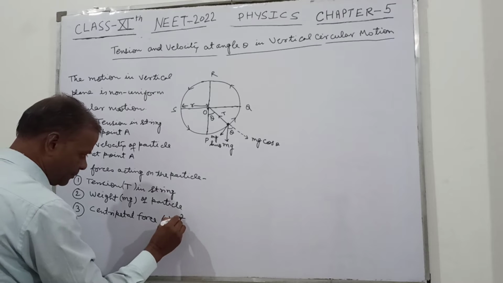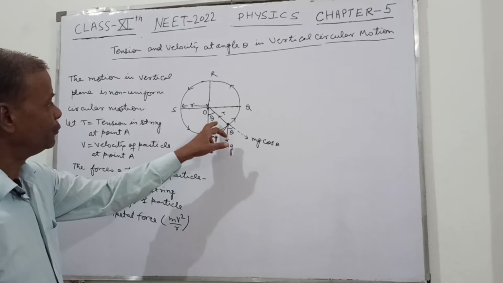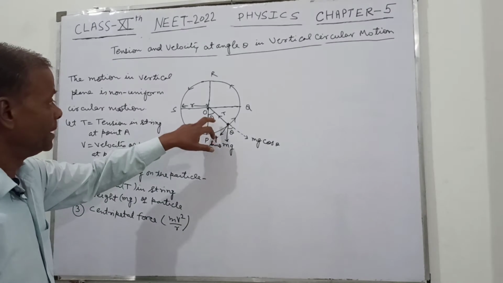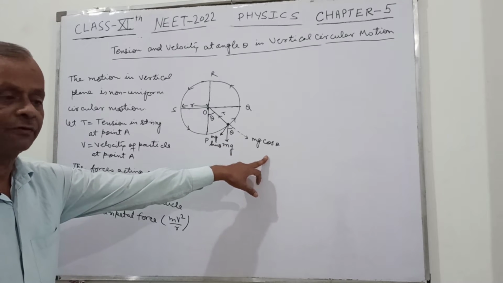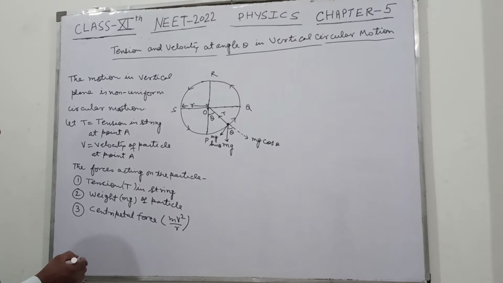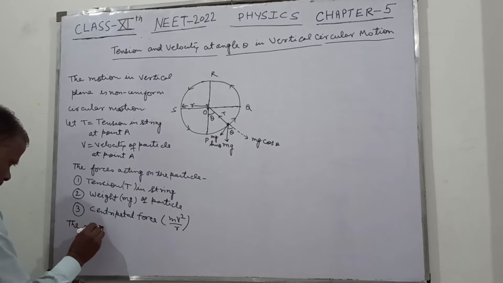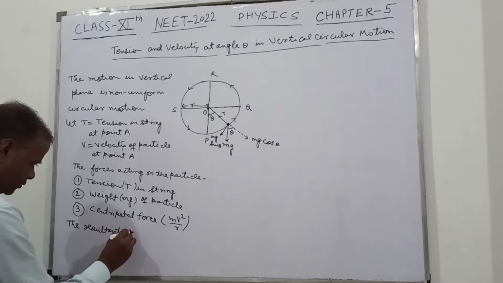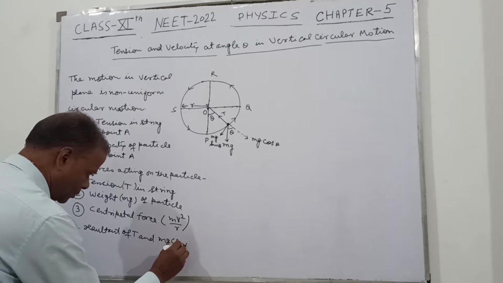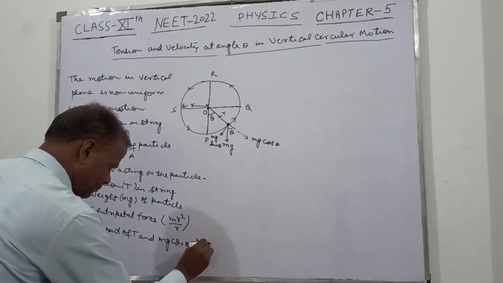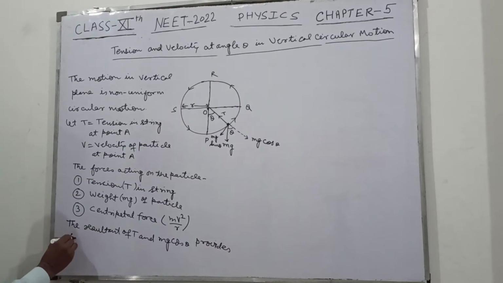This is equal to mv square upon r. Now these are the two forces which are opposite to each other. The resultant of this T and this mg cos theta will give you the centripetal force. The resultant of T and mg cos theta provides the centripetal force.